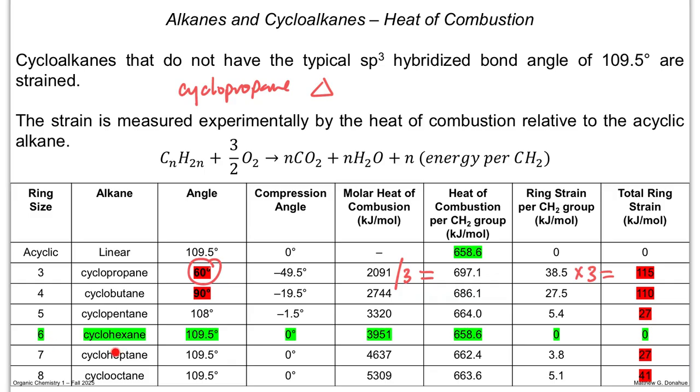So the 6-carbon ring, for the most part, the values you see in this row resemble what you see for an acyclic system. So as the ring gets larger to the C6 carbon count, it most resembles an acyclic system, meaning there's no angle strain.